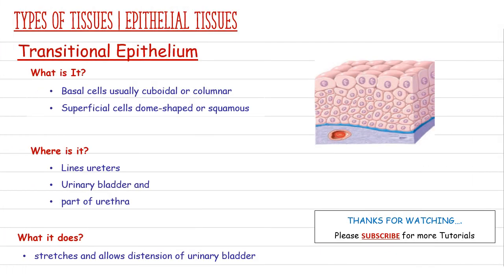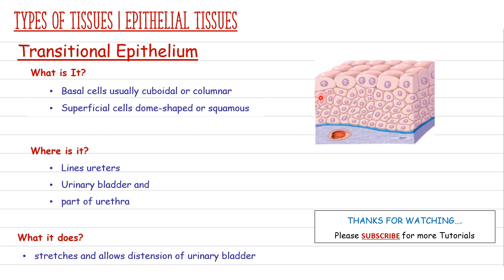The next one is the transitional epithelial tissue. What are they? The basal cells usually have a cuboidal or columnar shape. The superficial cells, as we can see here, the cells at the surface of the transitional epithelium, have a dome shape.